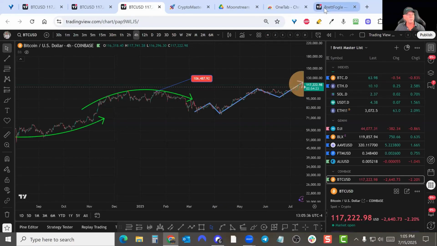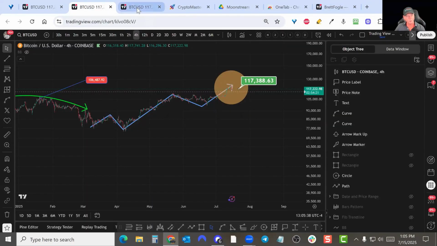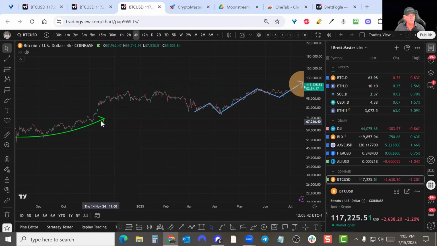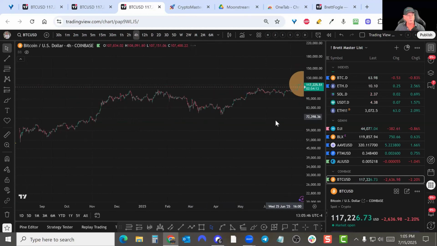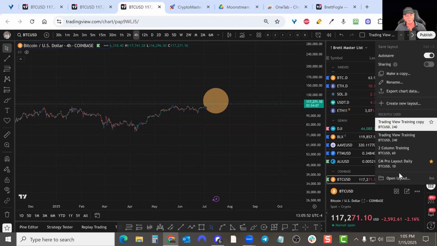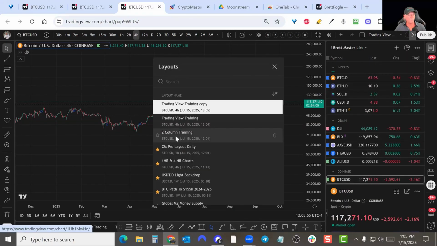And so at this point, I've got 2 identical charts, but this one's going to be a little different. I can put different studies on it. Point being, therefore, you can have multiple versions of it. So for example, if I go under here and I go open layout, I have all of these layouts that you can see here.